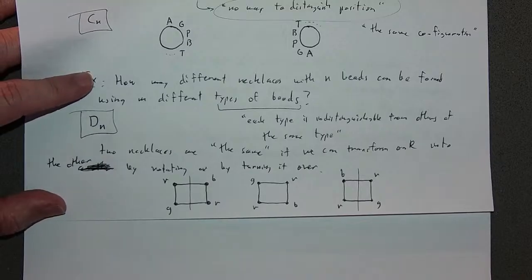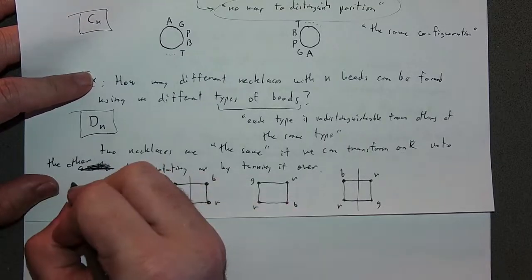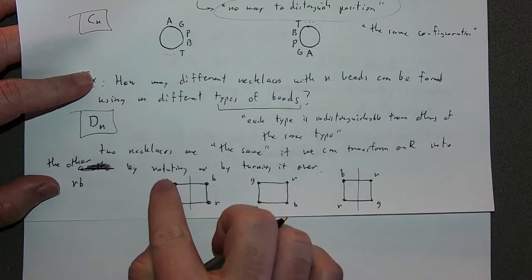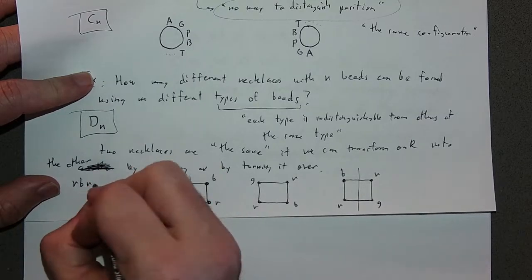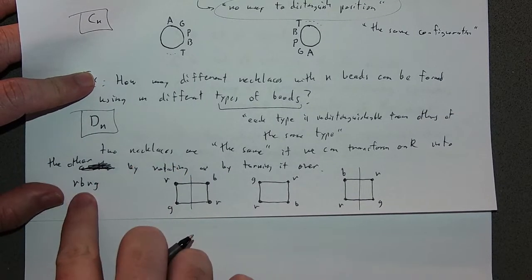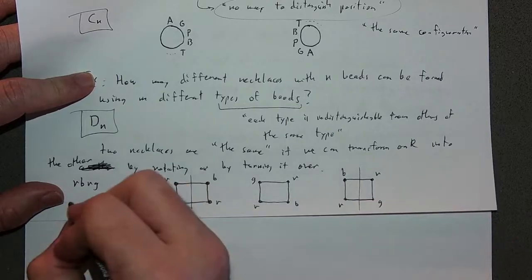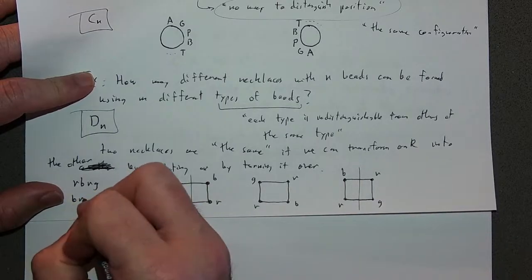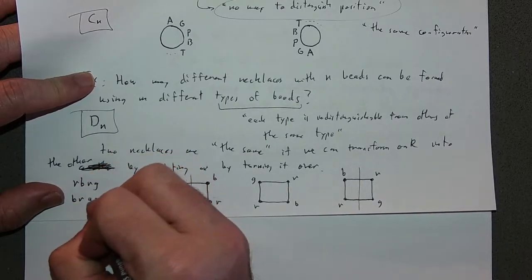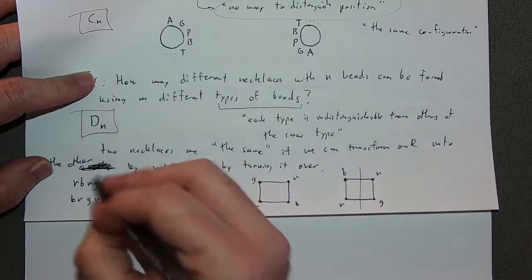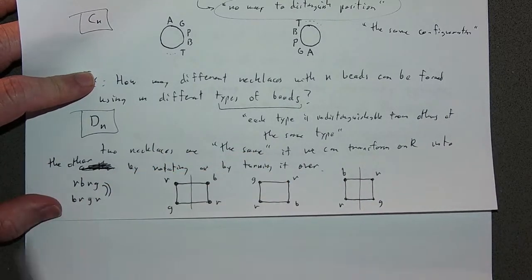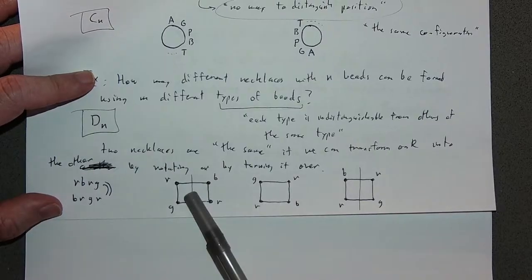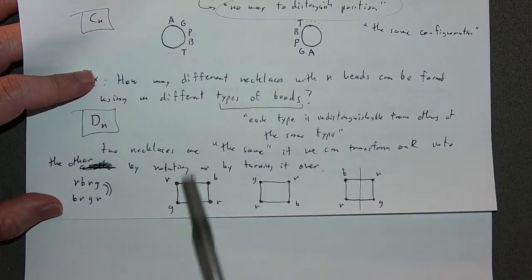So, for instance, the coloring, if we start here and go clockwise, and we say this is red, blue, red, green, in this way, this coloring, blue, red, green, red, these two are the same. These two are equal to each other because one is taken to the other by this reflection.